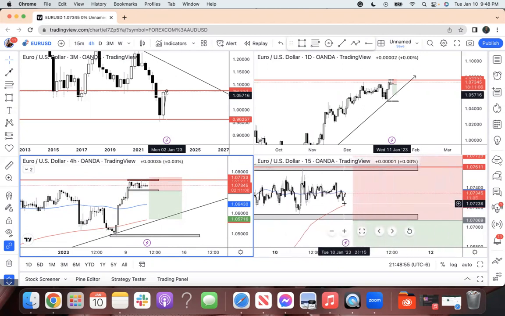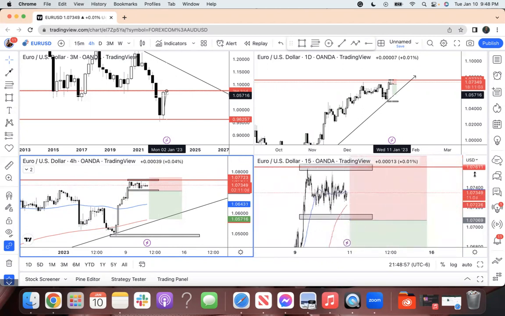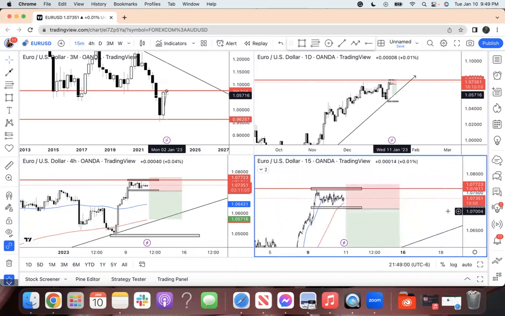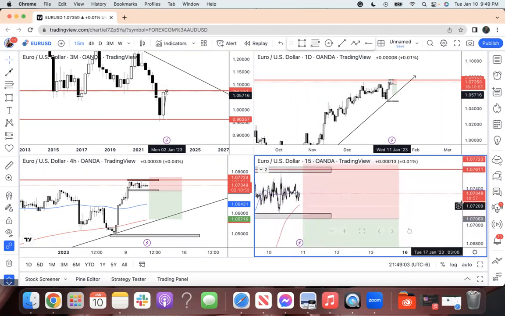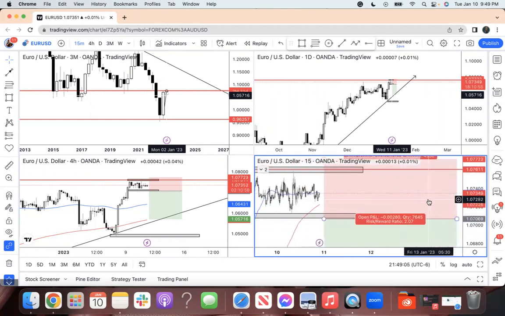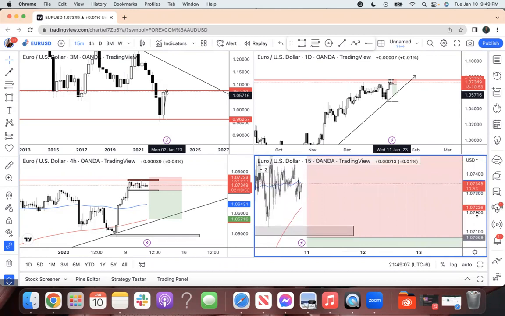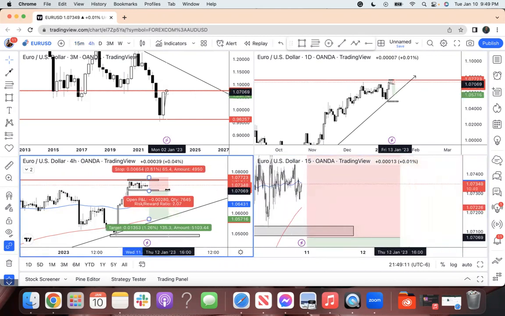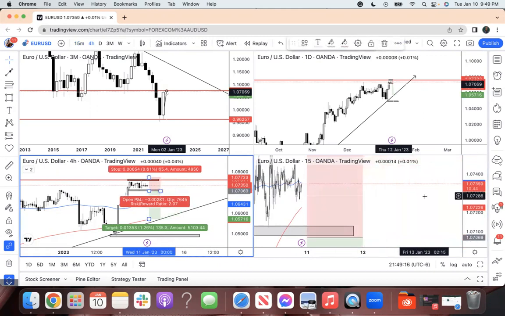So let's hop over to the 15-minute time frame, which is where the scalpers like to hang out. And so let's make this a little bit smaller so that we can see it on the 15-minute.